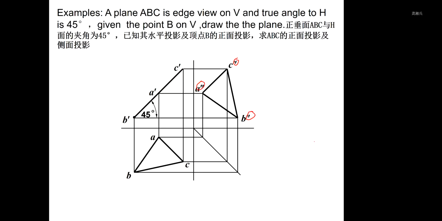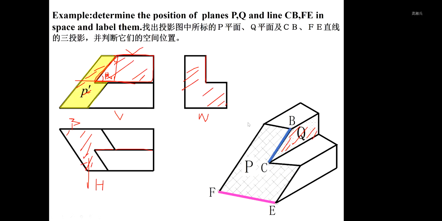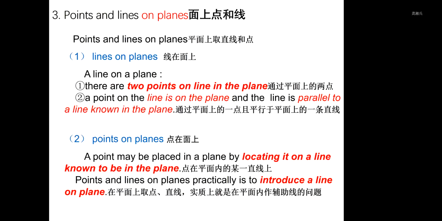Okay, so this is the question for this special point, special plane. Just like here, we'll go ahead to the third content in this class: points and lines on the plane. Remember this one?